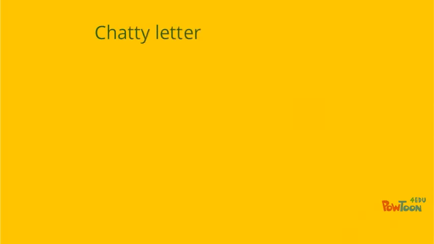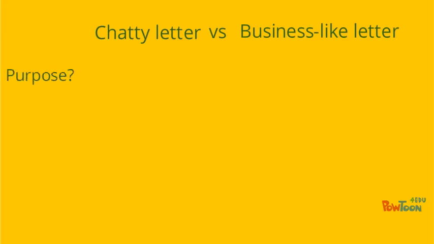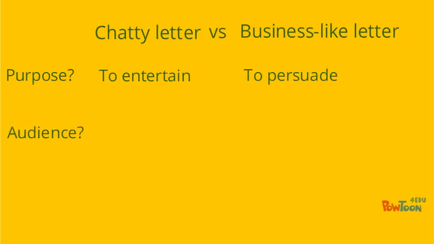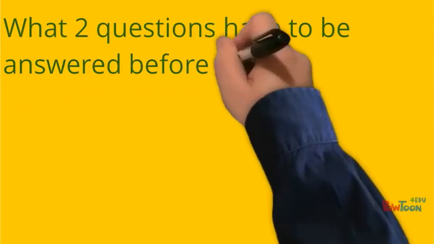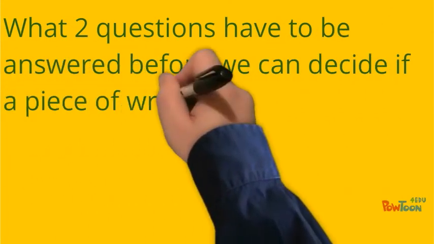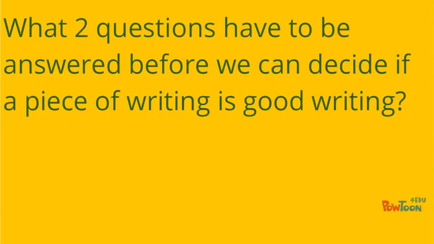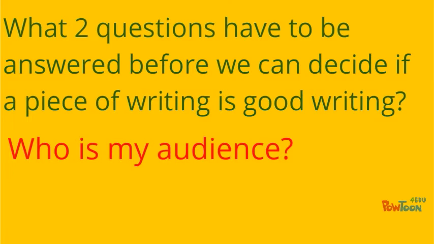There's nothing inherently wrong with the chatty letter, but it would fit a different purpose, say to entertain rather than to persuade, and a different audience, say my family and friends rather than the school board. So, the two most important "it depends" factors that tell us whether a piece of writing is good writing: audience and purpose.